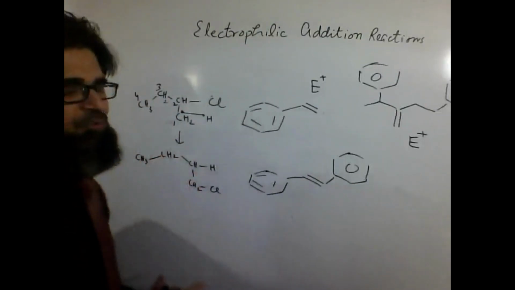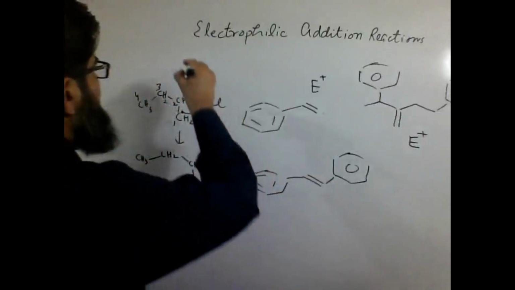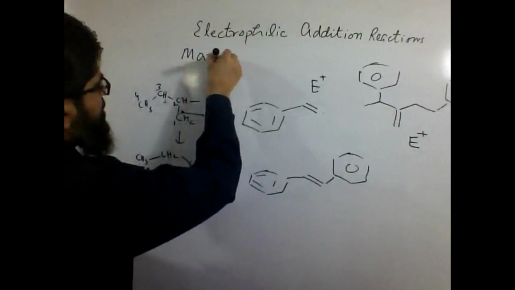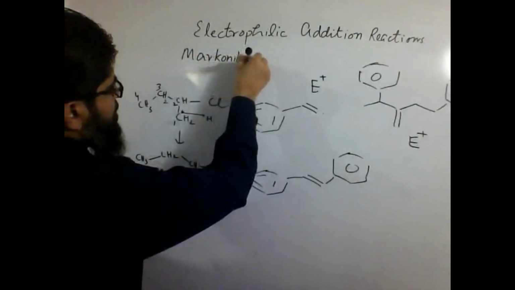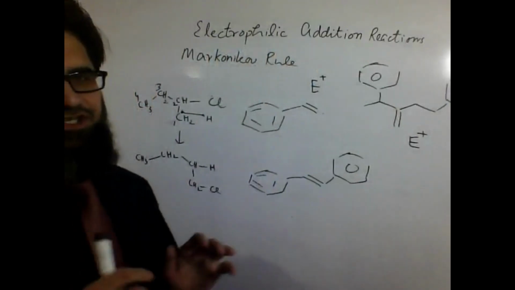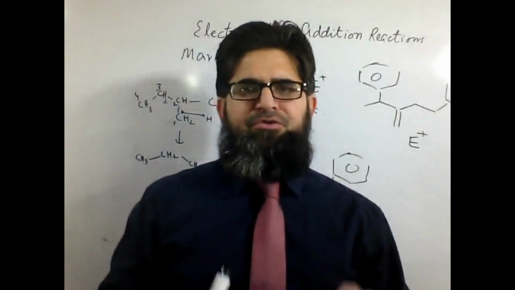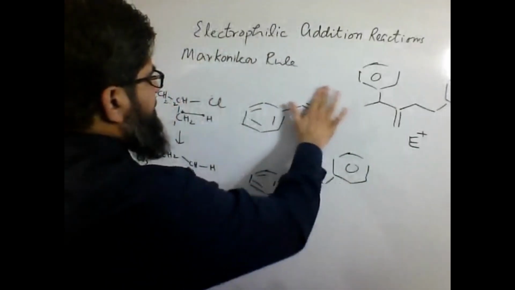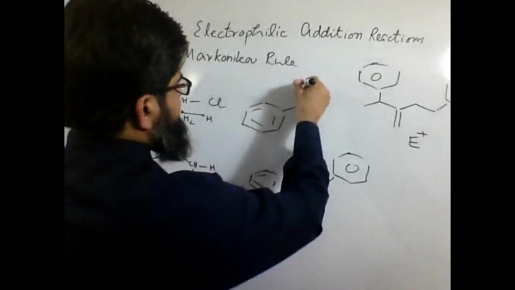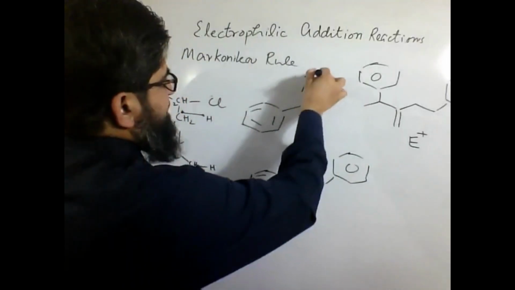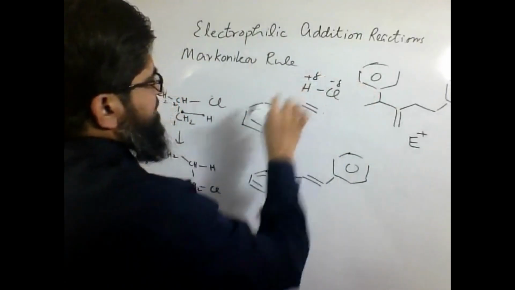What is appropriate? It happens actually according to the Markovnikov rule. The addition of electrophiles actually happens according to the Markovnikov rule. What is that? According to that rule, if we have a molecule, let's say we have HCl, here is positive, here is negative, this is an electrophile.